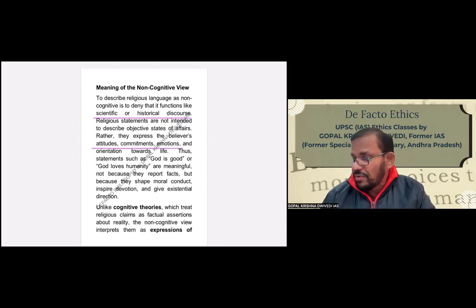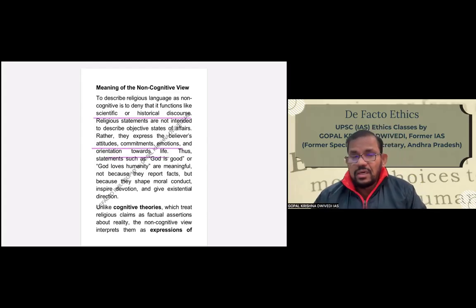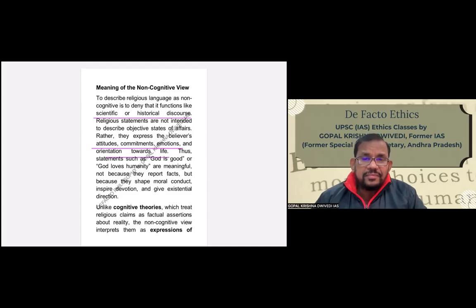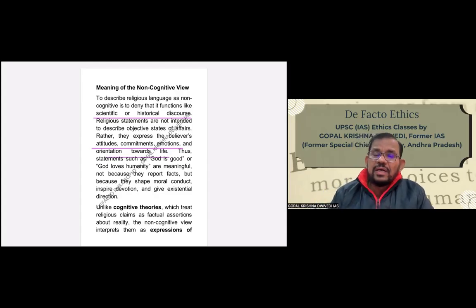So the statements that form part of religious language are meaningful but not factual. They may affect moral conduct, inspire devotion, and give existential direction, but they definitely don't describe facts which can be directly verified.